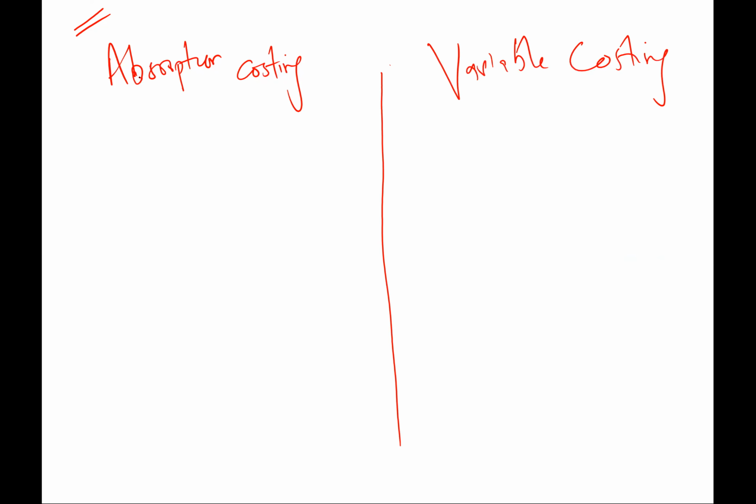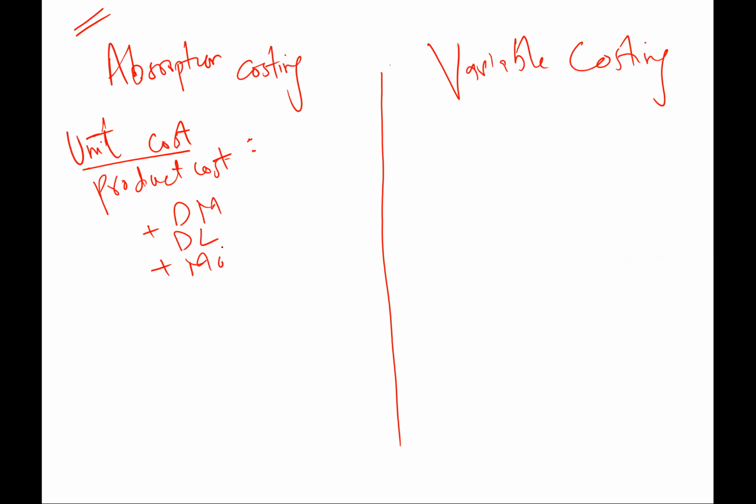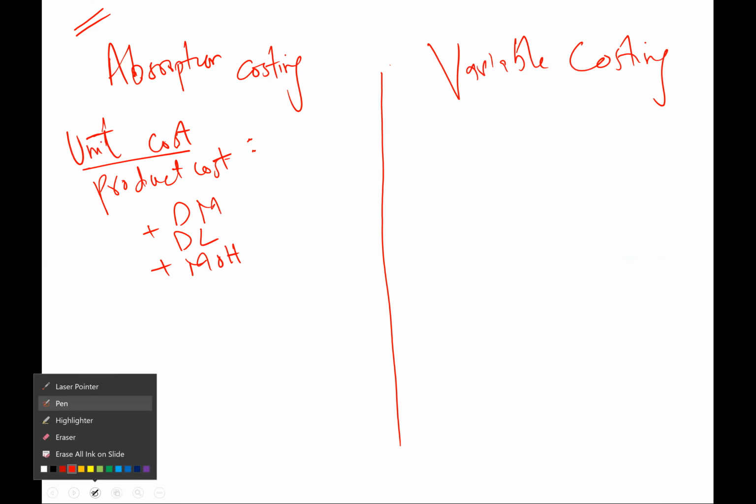In absorption costing, if we want to find out unit cost, or the other name, product cost, we calculate it as direct material plus direct labor plus manufacturing overhead, right? Minsu.